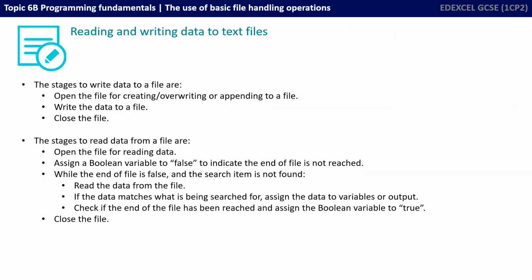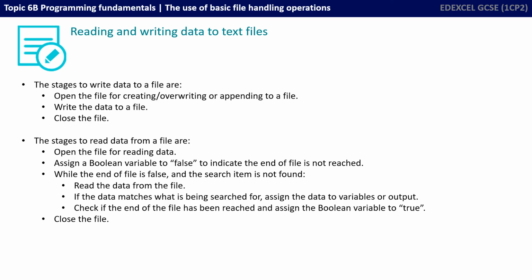So just to recap, the stages to write data to a file are: open the file for creating or overwriting or appending to a file, write the data to the file, and close the file. The stages to read data from a file are: open the file for reading, assign a Boolean variable to false to indicate the end of the file is not reached, and while the end of the file is false and the search item is not found, then read the data from the file.